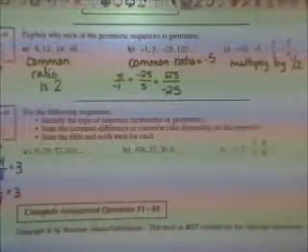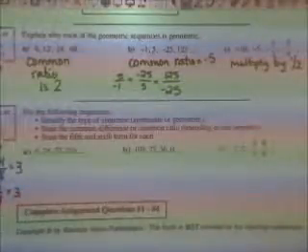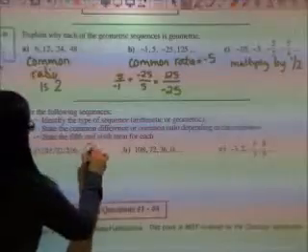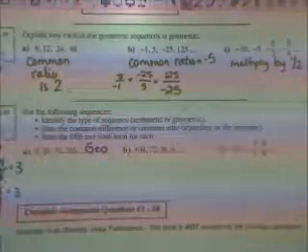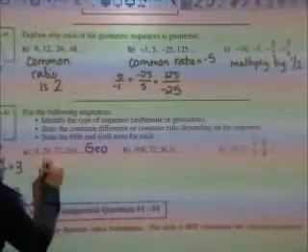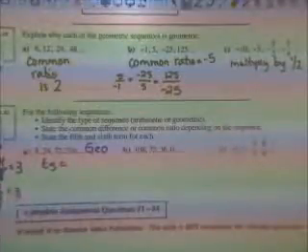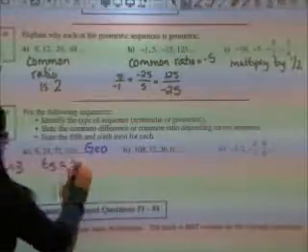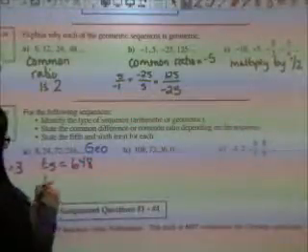I want to make sure this is geometric, so I probably want to check 2 spots to make sure that I'm multiplying by 3 each time. So this would be geometric. There's my common ratio. So what would be the 5th and the 6th term? And the 6th term?